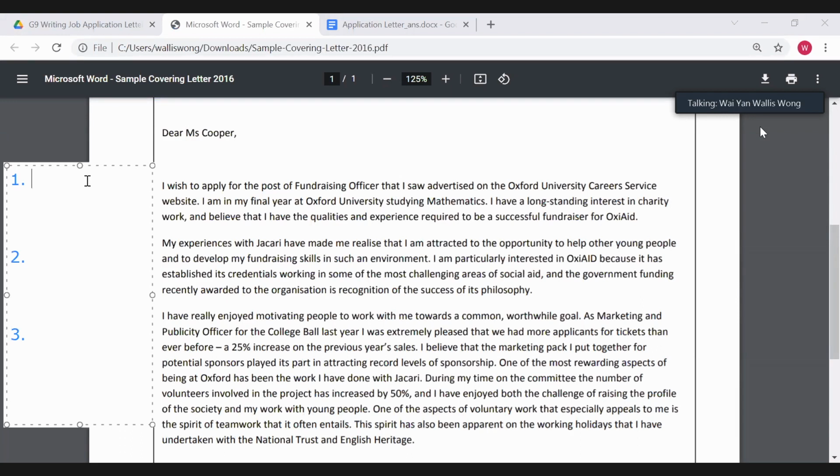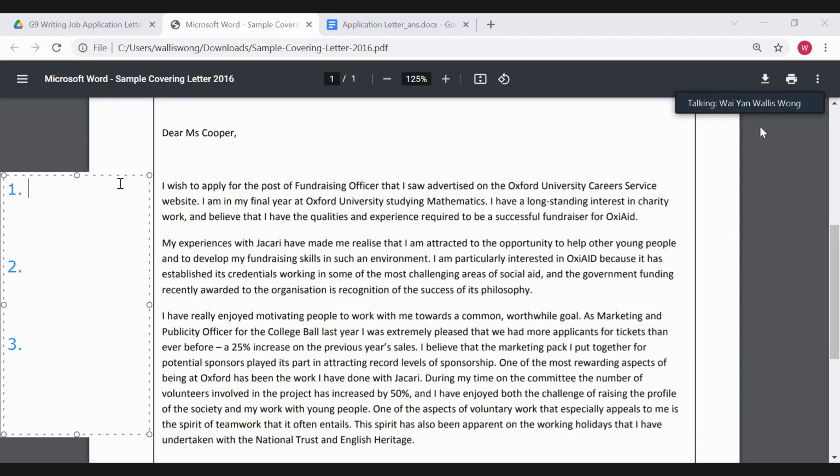Okay, anyway, can you tell me the features or the characteristics of paragraph 1? What should you include in paragraph 1 in the application letter? What is the post to apply for?